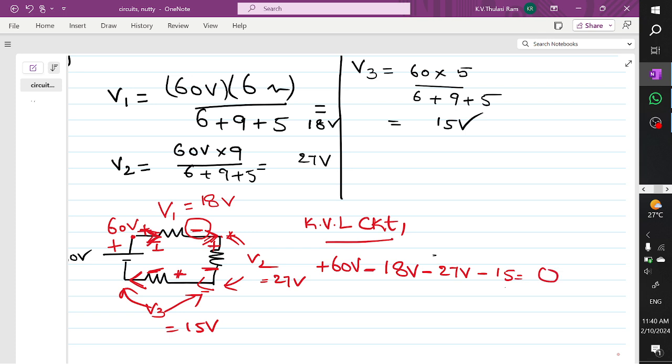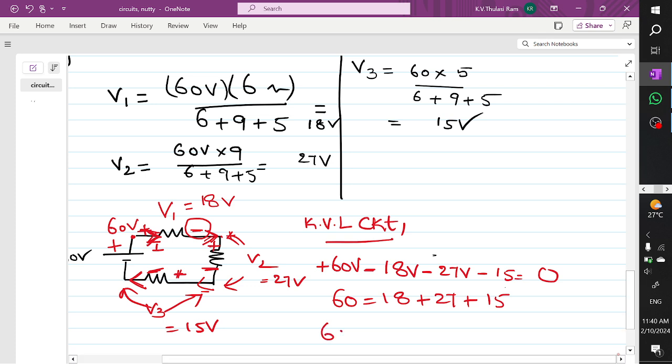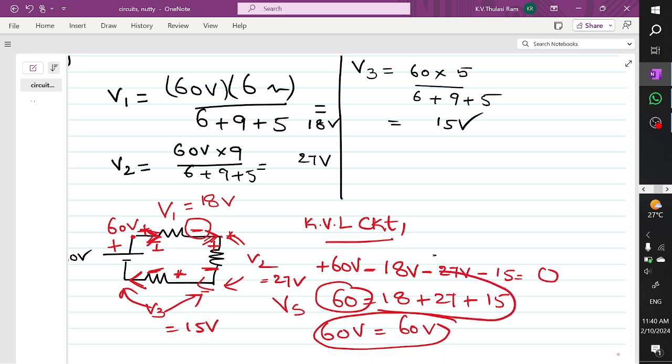So when you solve it, 60 is equal to 18 plus 27 plus 15. You add all the values, you are going to get 60 volts is equal to 60 volts, where the Kirchhoff's voltage law is verified. This 60 volts is nothing but the voltage source, and the remaining three are nothing but the voltage drops.